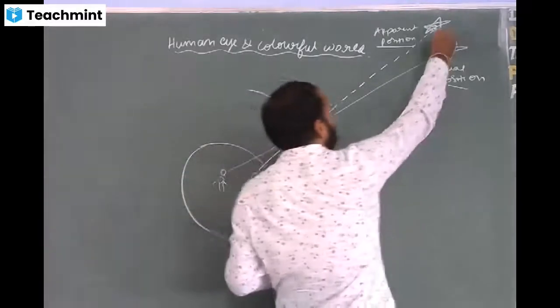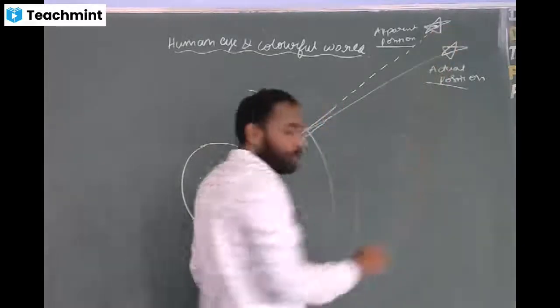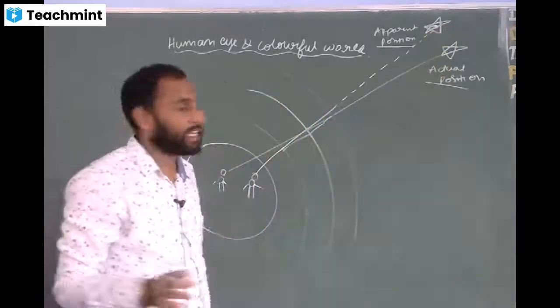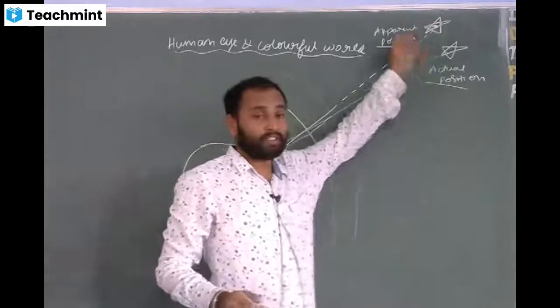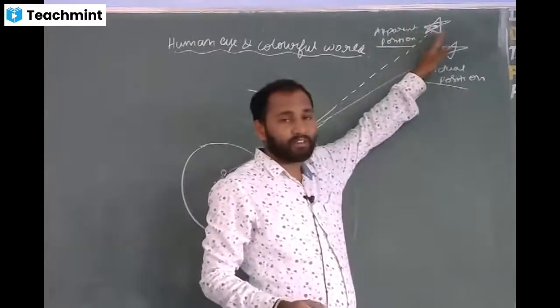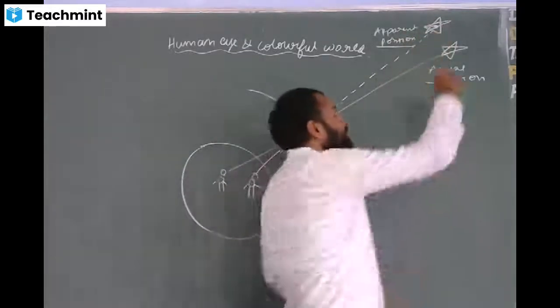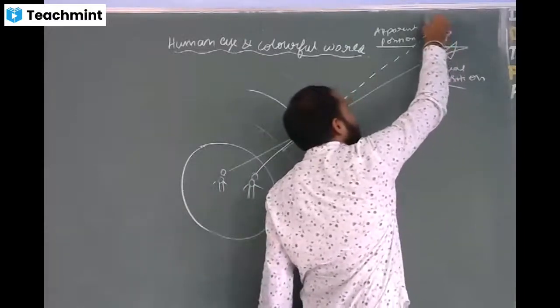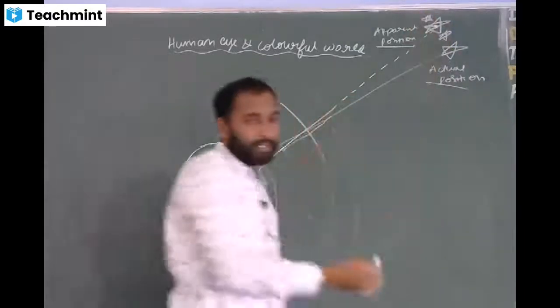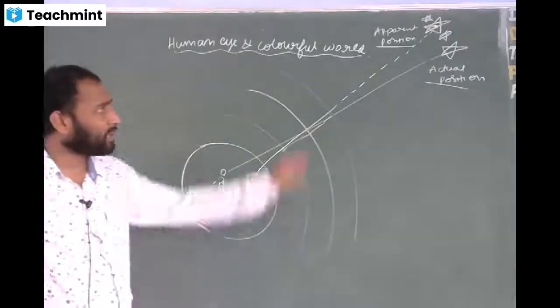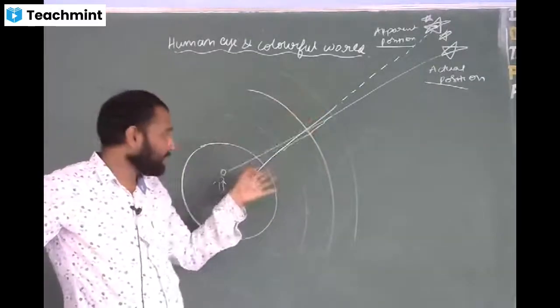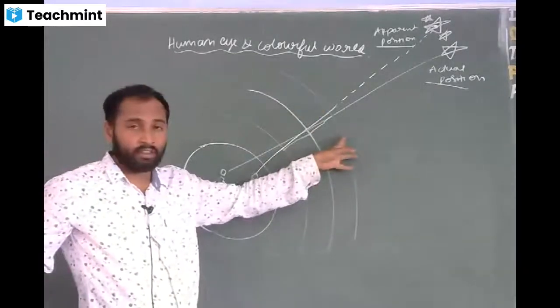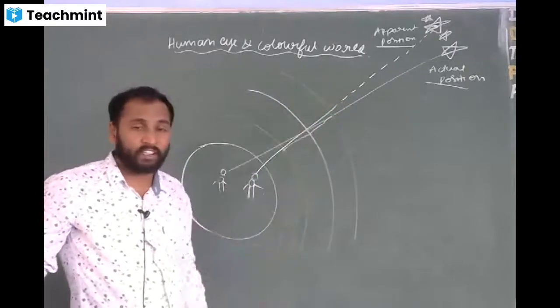As it varies, the apparent position of the star also keeps on fluctuating. It won't be the same. Sometimes it may come here, sometimes it may go back again, sometimes it may move a little bit above. Depending on the physical condition, the position of the star will change.